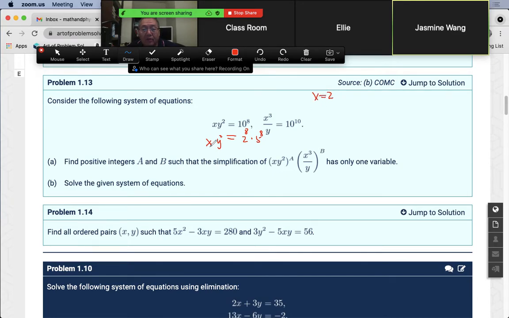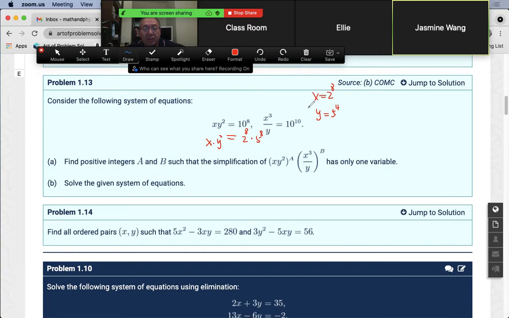No, x does not equal 2. Suppose x equals 2 power 8. Then y will equal 5 power 4. Right? If we compare this, x equals 2 power 8, then y will equal 5 power 4.